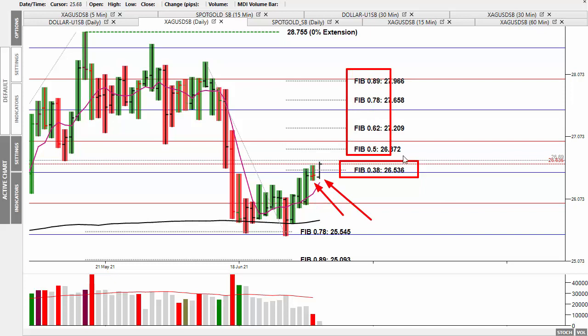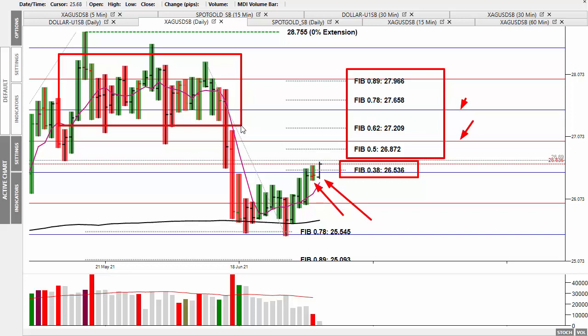We've got all of the fibs marked to the upside, and the next upside target is back to the $27 range, and then 27.50, where we had all of that support a few weeks ago until the bankers decided to shake out the market down to 25.50.